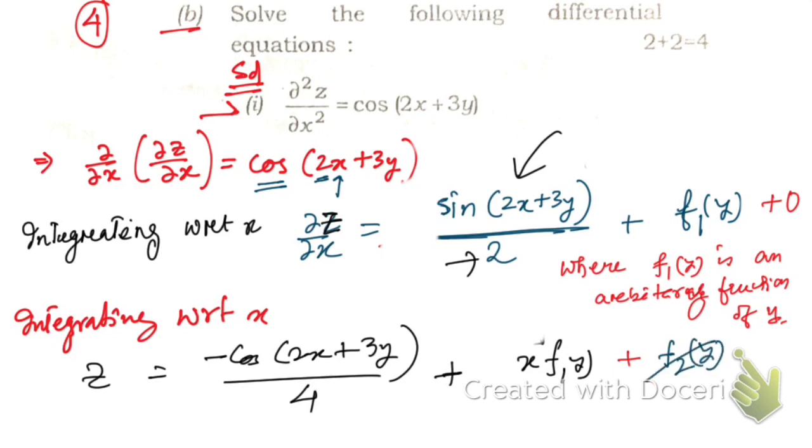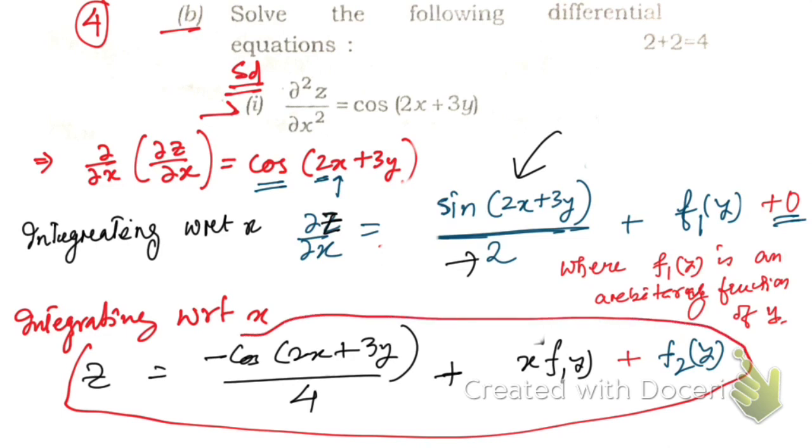If you differentiate this with respect to x partially, then you will get 0. So this is your answer. So that's how we can solve. So this is your solution of the partial differential equation.